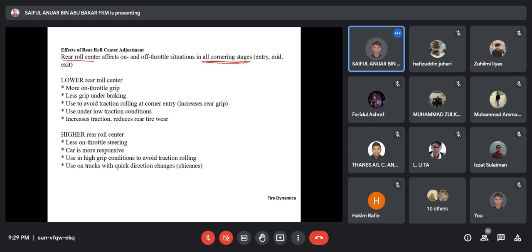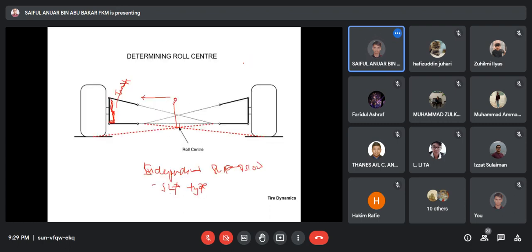For suspension tuning, we usually tune the camber angle. If you take a look at this one, it is referring to the camber, and this one is the camber angle.